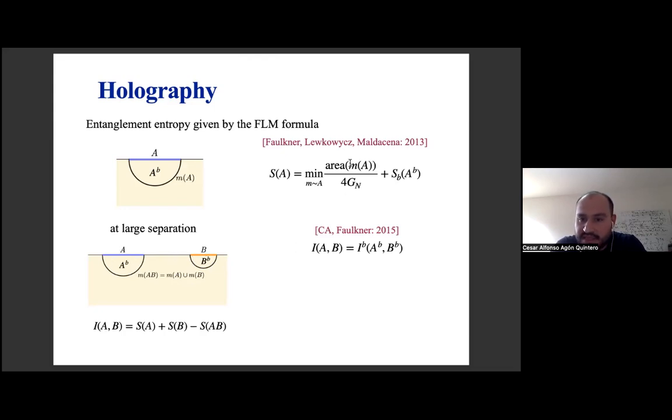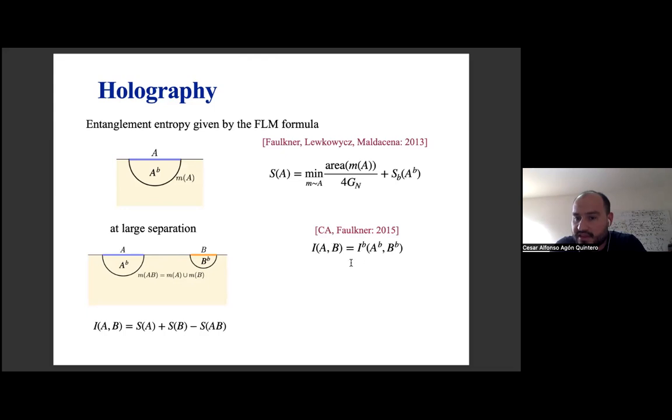This immediately means that the area term will not play any role. In particular, the mutual information associated to 2 regions in the boundary will be related directly to the mutual information of the bulk regions that are defined between the minimal surface and the boundary region.